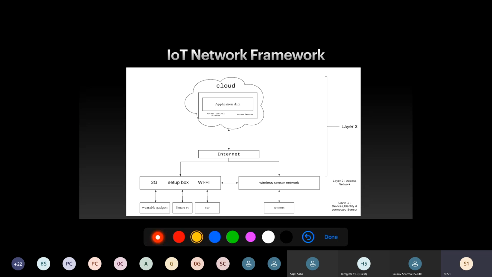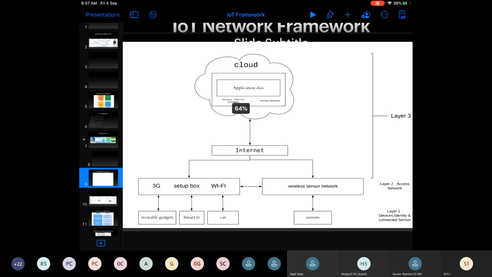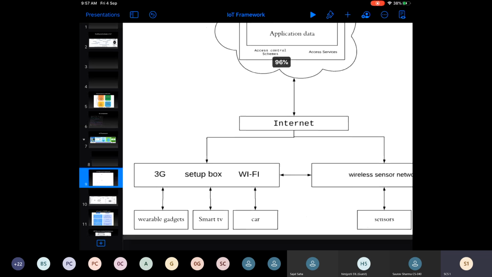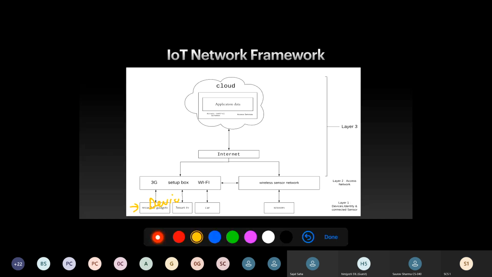The first one is my device layer. And this one is my local area network layer, the LAN layer.